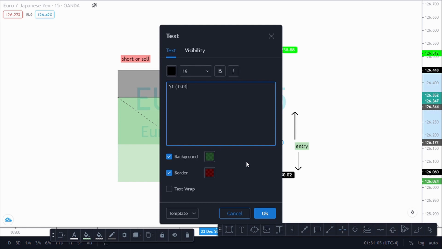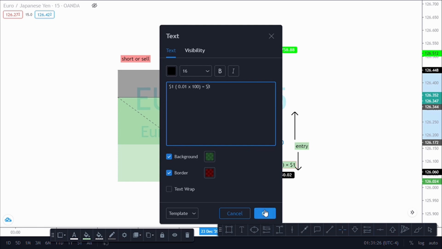So what we do now is multiply by the 100 micropips, and then basically, see there, the maths would equal the same $1 that you plan to risk.